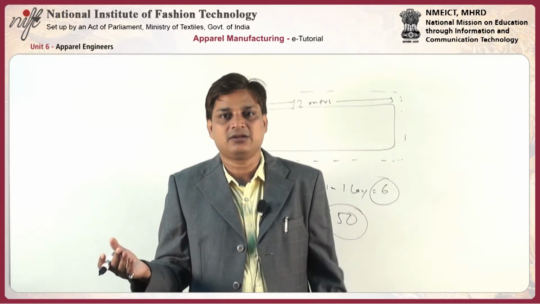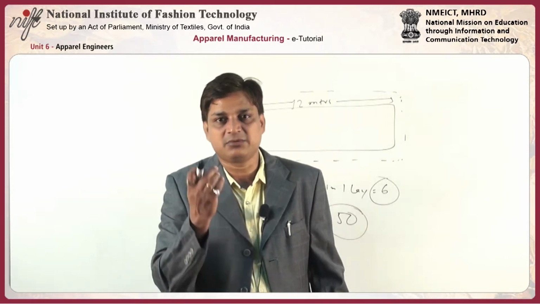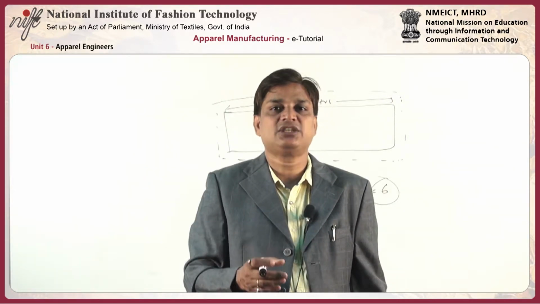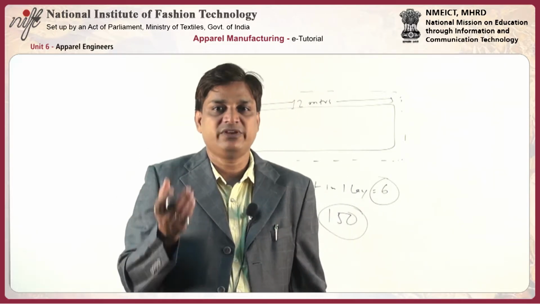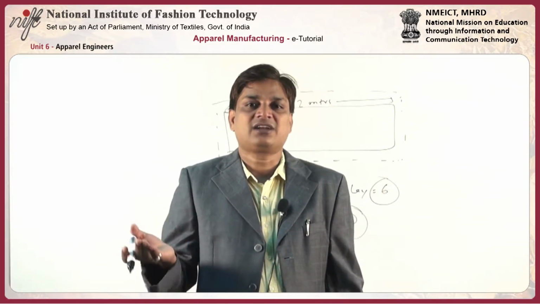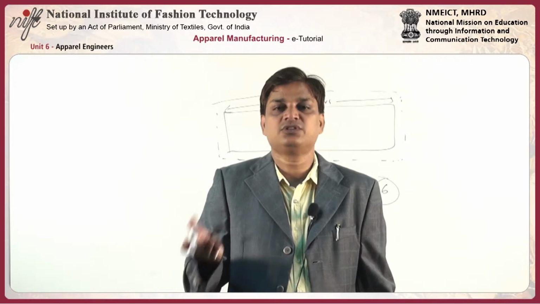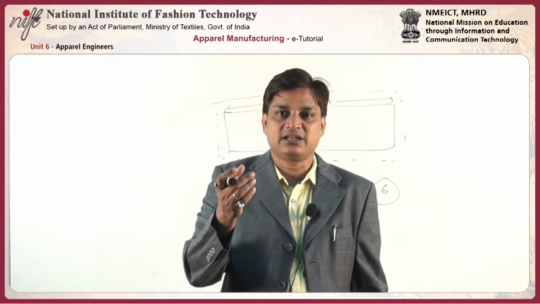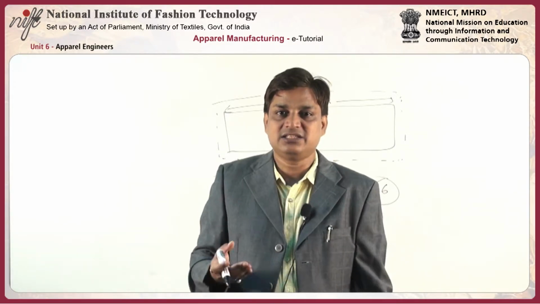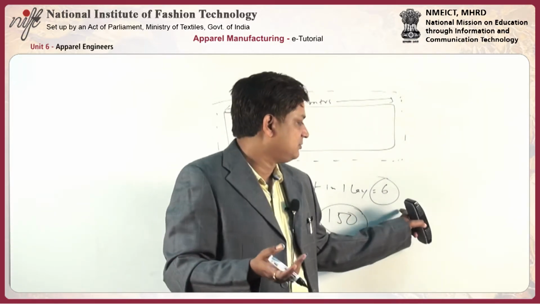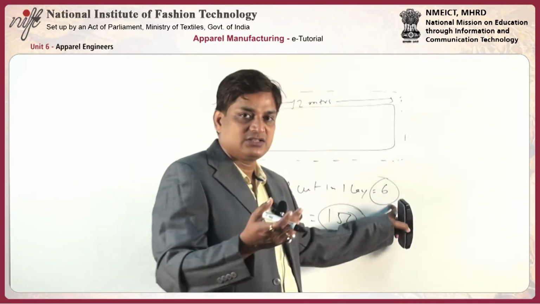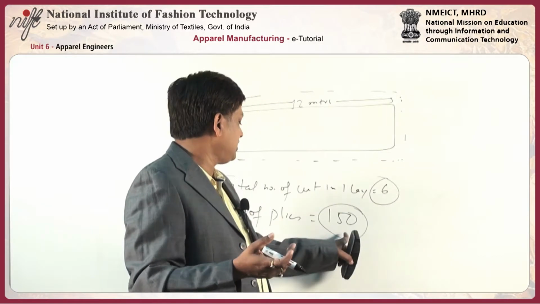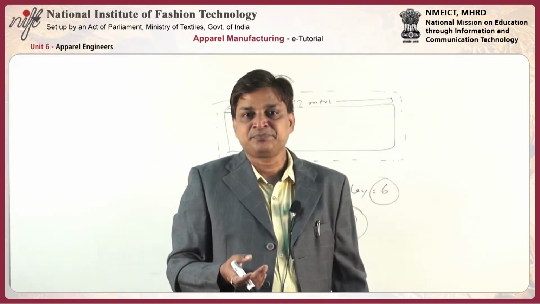We have to understand the area, the type of fabric, and the limitations of the machine or equipment we are using. All these factors have to be taken into consideration when deciding the number of ways of the marker, or the number of plies.